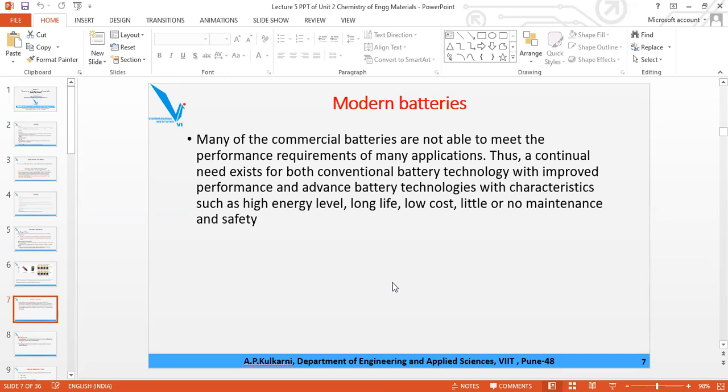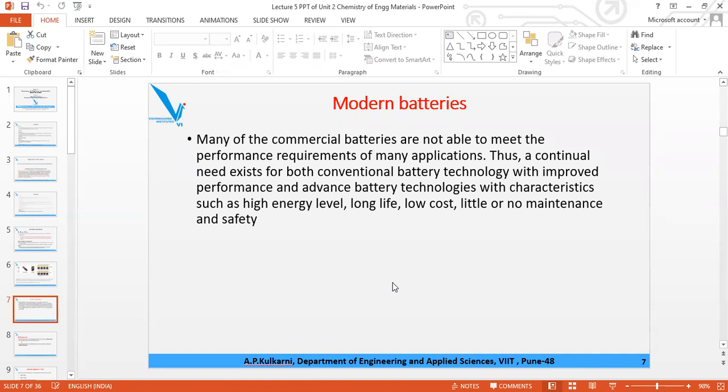What is meant by maintenance and safety? Suppose you have visited some place and taken the camera there. If the battery is not a modern battery, that is, one in which lithium is not used as an anode, then you may find that the battery gives out some chemicals while it remains in the camera, and those chemicals react with the camera and have an adverse effect on it.